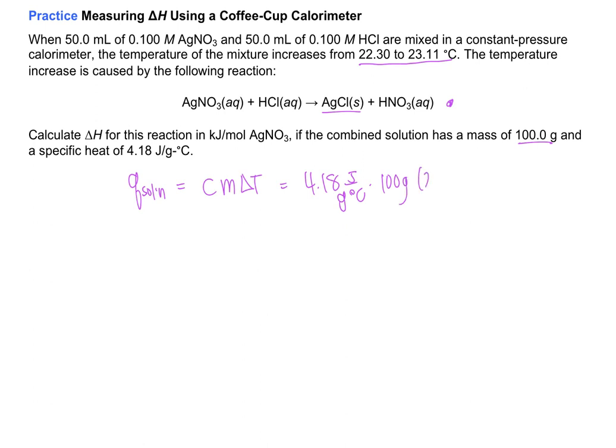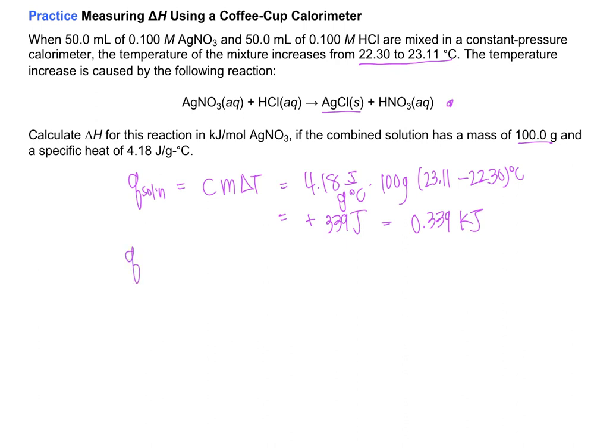Delta T is 23.11 minus 22.30 degrees Celsius. So my Q of my solution is positive 339 joules, or 0.339 kilojoules if I divide by 1,000.